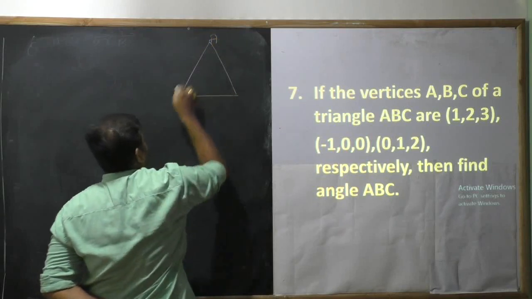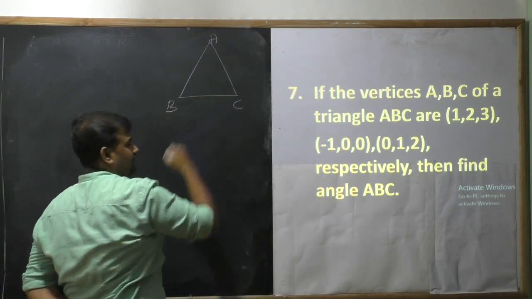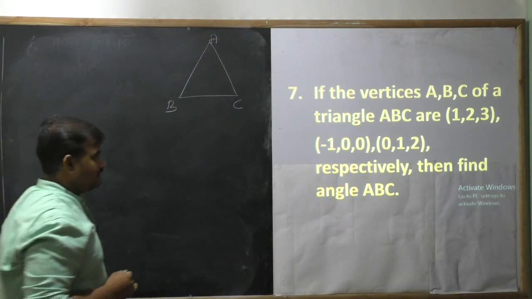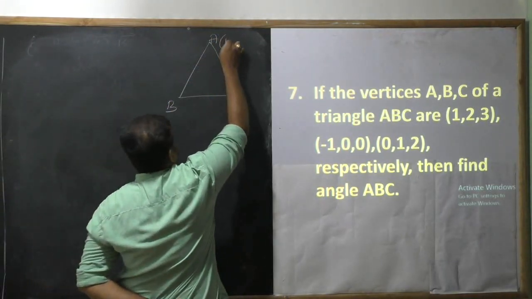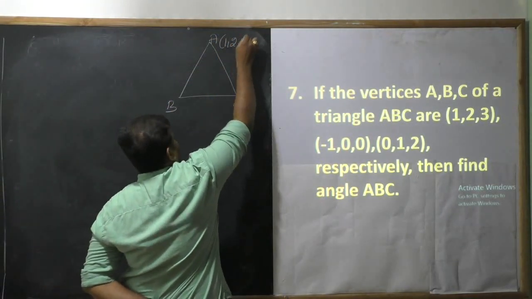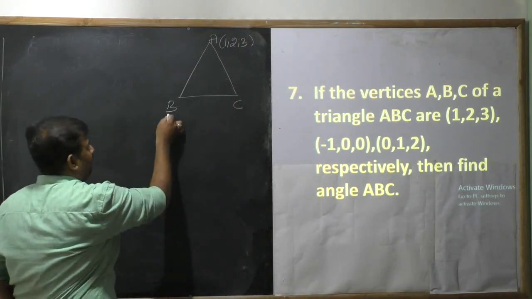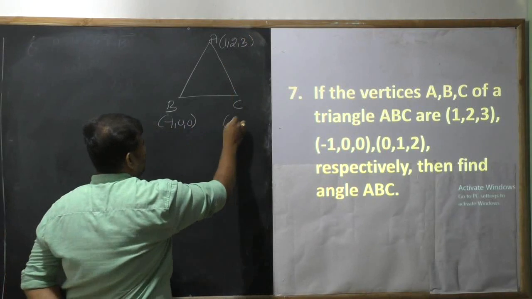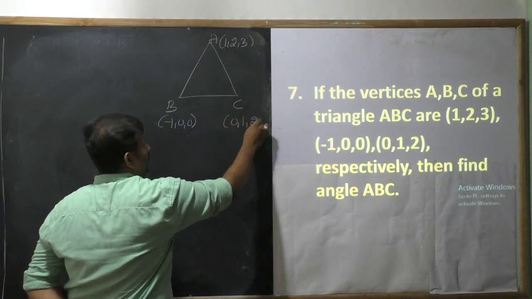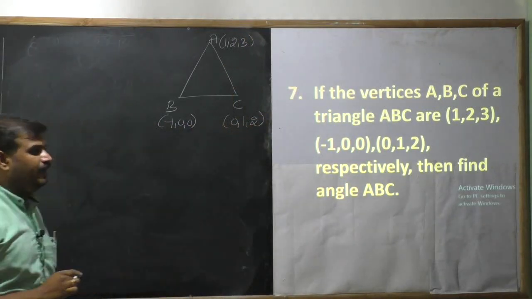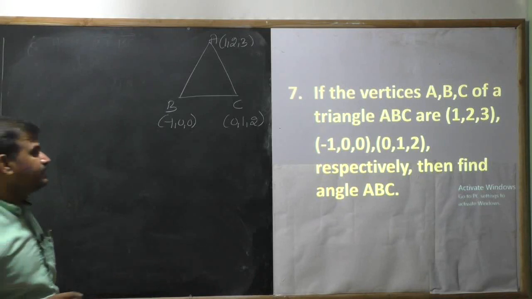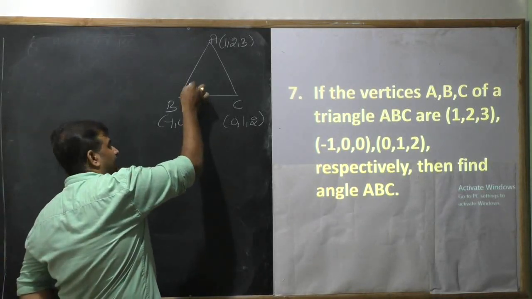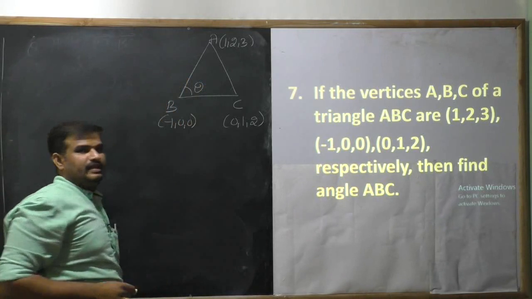Let me name it: this is A, this is B and this is C. The vertices are given as 1 comma 2 comma 3, this is minus 1 comma 0 comma 0 and this is 0 comma 1 comma 2. You have to find the angle ABC, and this angle let me take as some theta.